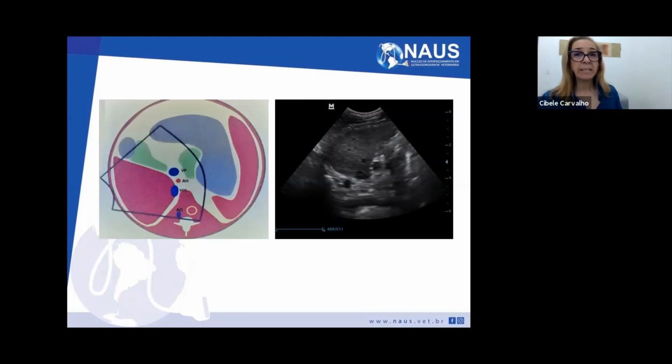So here we can see this transverse image across the intercostal window, and we see the portal vein, caudal vena cava, and aorta.